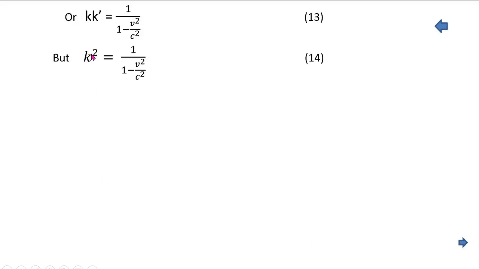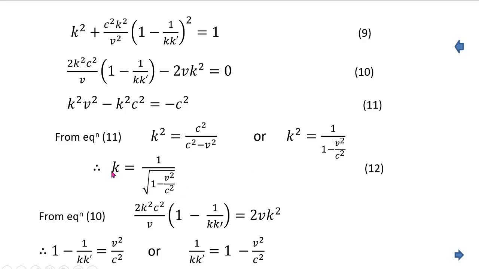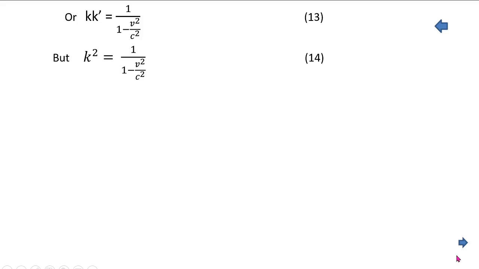But k is equal to 1 upon square root of 1 minus v square upon c square. If we square both sides, then k square is equal to 1 upon 1 minus v square upon c square.